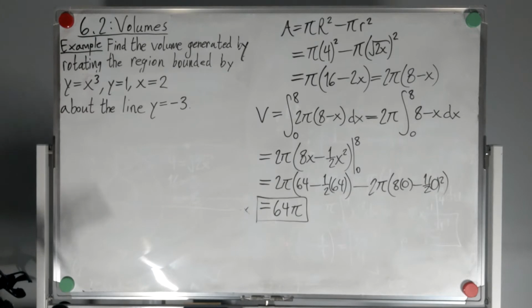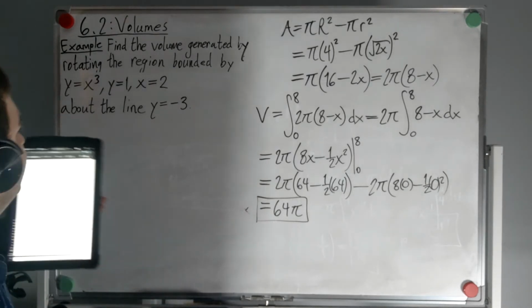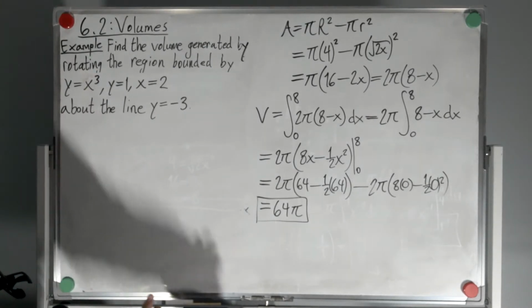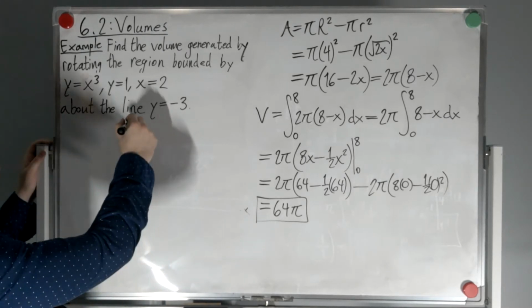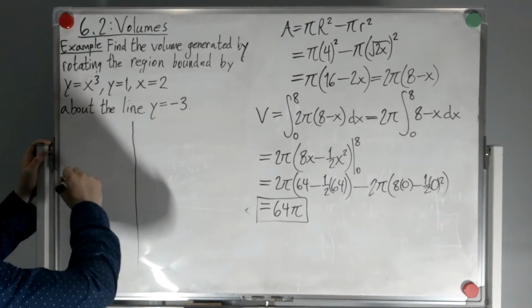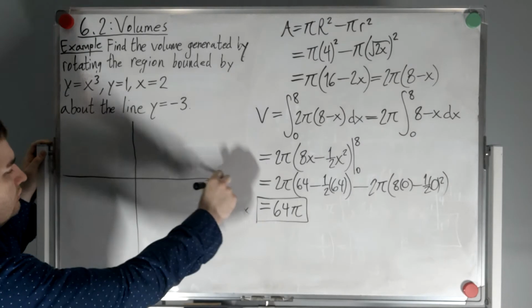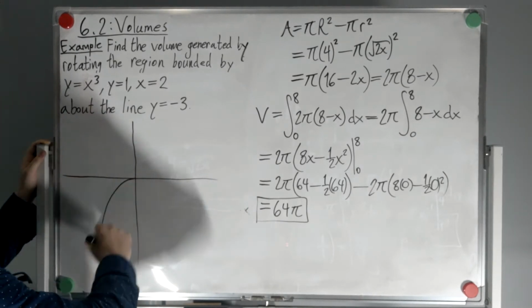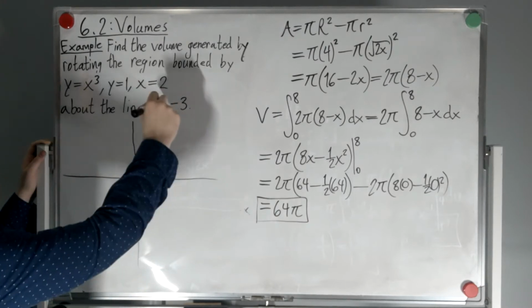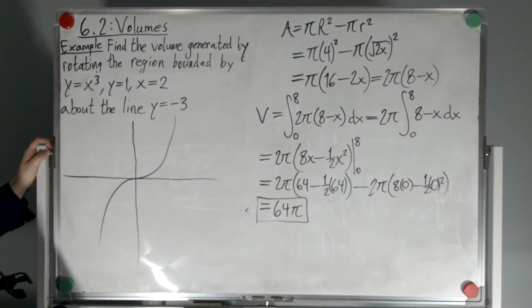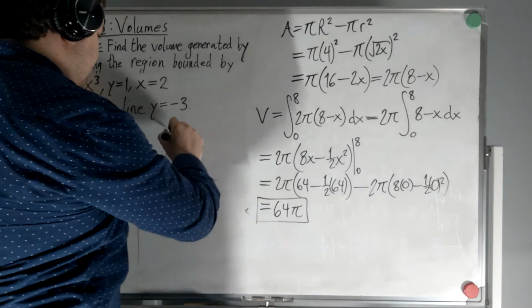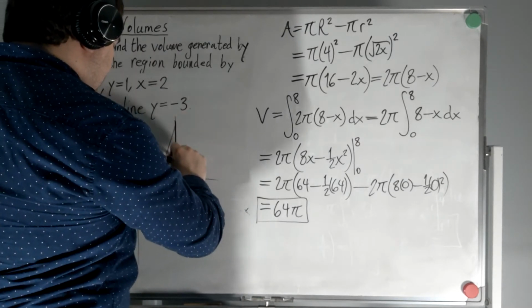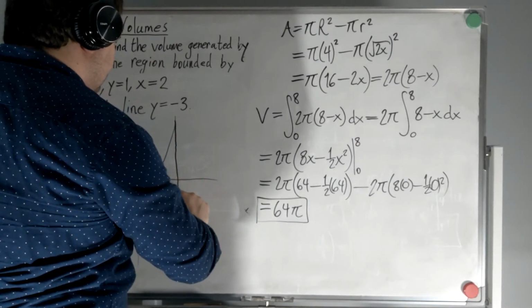So as always, we better draw a diagram to know what we're talking about here. And as always, the diagram in my notes will be better than this one. Y equals x cubed looks kind of like this. X equals 2 looks like this.